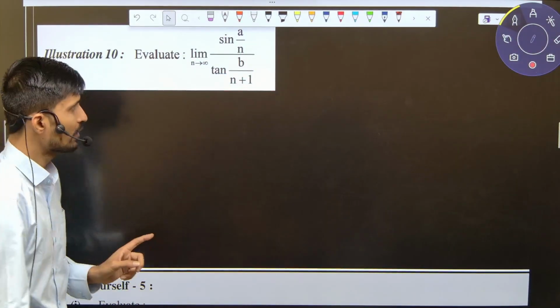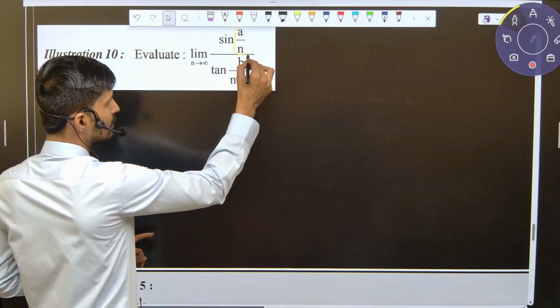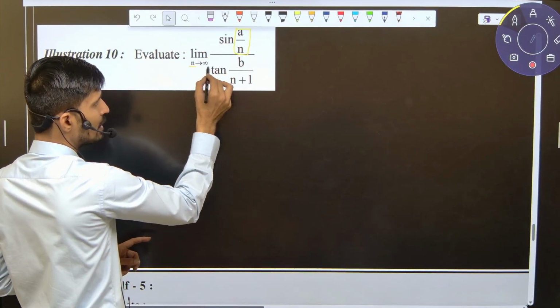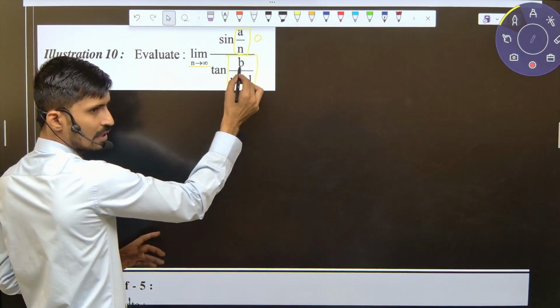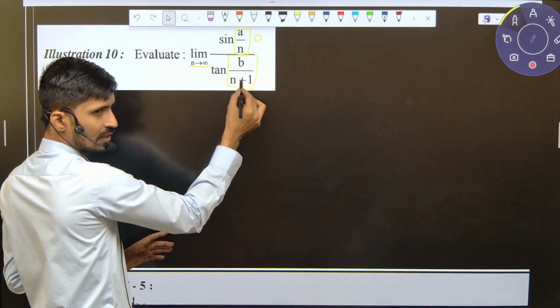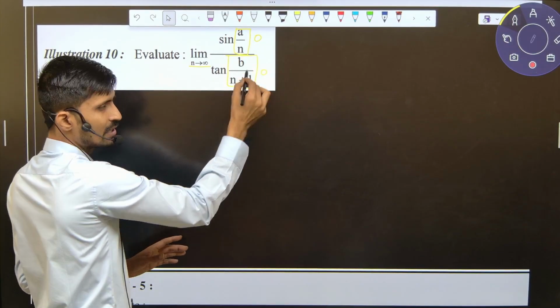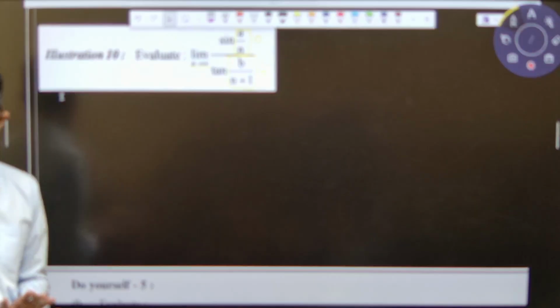Okay. So here we can see sine A by n at this given limit is 0, and b upon n plus 1, again b is a number, infinity plus 1 is infinity, b by infinity will be 0. It means sine 0 and tan 0 are there. Okay?